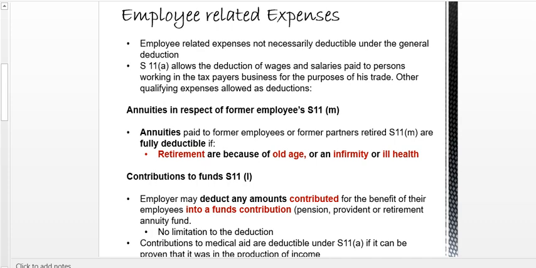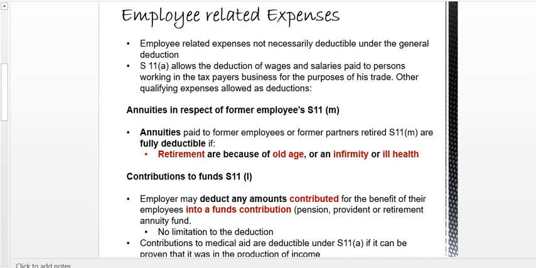So in employee related expenses, basically what this section goes through is any and all employer or employee related expenses which an employer may incur. Generally wages and salaries paid to persons working for a taxpayer are allowed as a deduction, but on top of that there are also many other specific deductions allowed in terms of section 11.